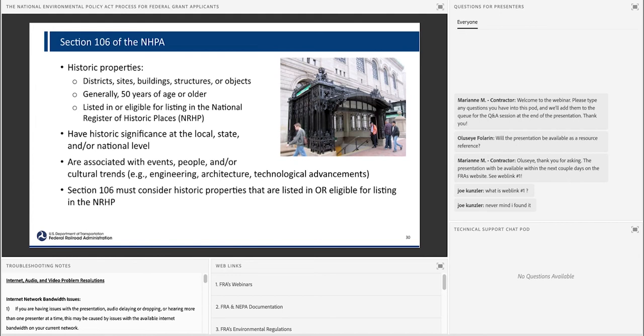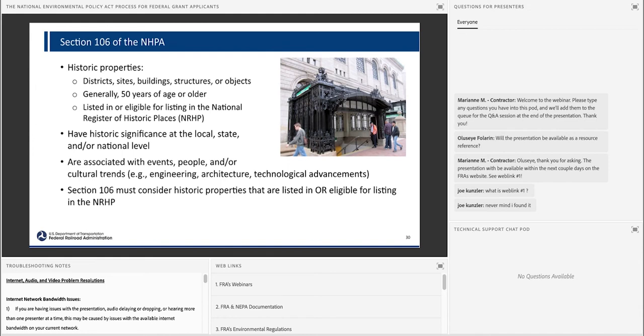Those properties generally are also listed or eligible for listing on the National Register of Historic Places. The significance of a particular property can be determined if it has significance at the local level, the state level, or the national level. Properties can be deemed historic because of their association with events, people, or cultural trends.